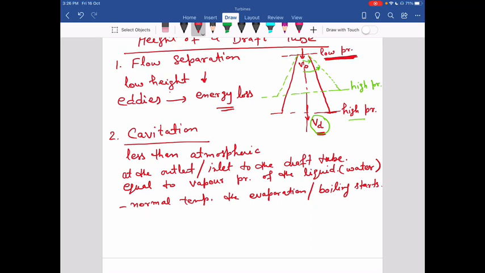Okay, so the bubbles are formed and move to high pressure region. So where these bubbles collapse, okay, it forms a high pressure wave.